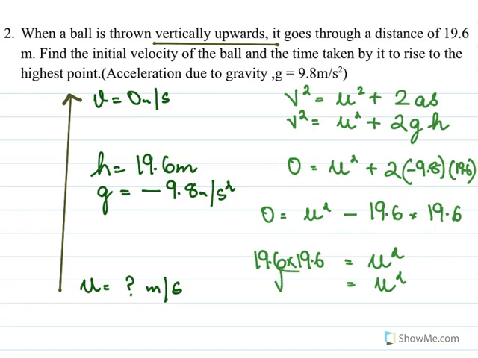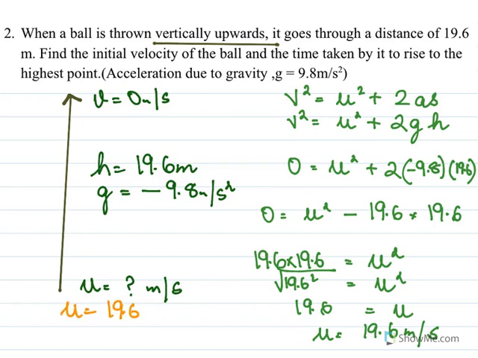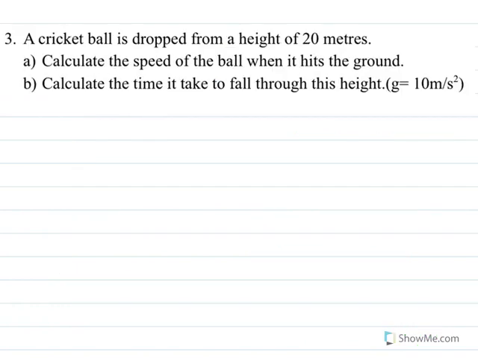So U square is under root of 19.6 square. So U equal to 19.6 meter per second. So initial velocity U will be 19.6 meter per second, which means this object is thrown with a velocity of 19.6 meter per second. It's thrown upwards.